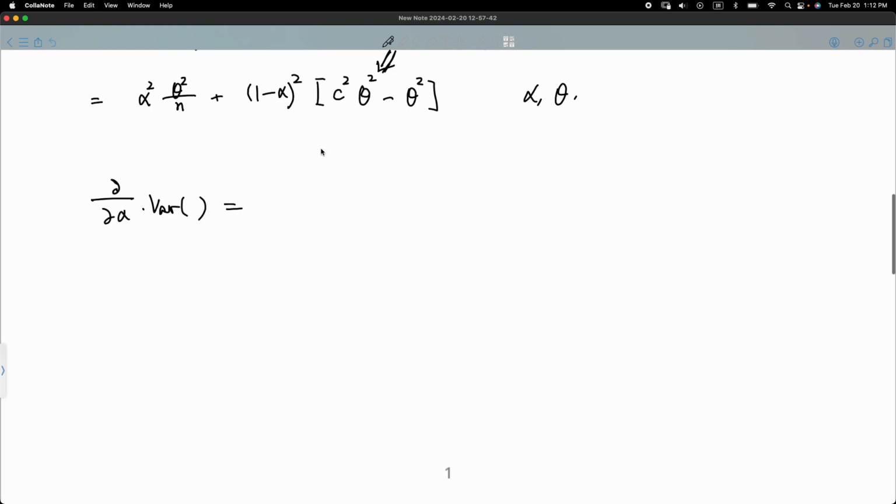And then we should have 2 alpha multiplied by theta squared over n, then plus 2, 1 minus alpha, and then don't forget a minus 1 for the minus sign here, and then c squared theta squared minus a theta squared.